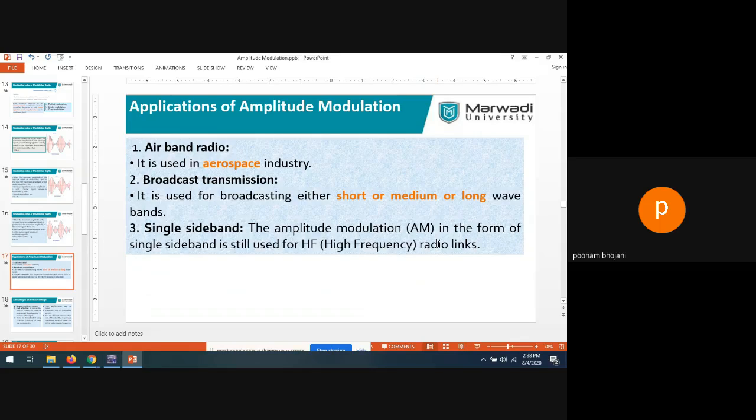Then, if you are sending only one sideband, that is known as single sideband without carrier. So you are suppressing the carrier, and you are suppressing one sideband also. That is known as single sideband.